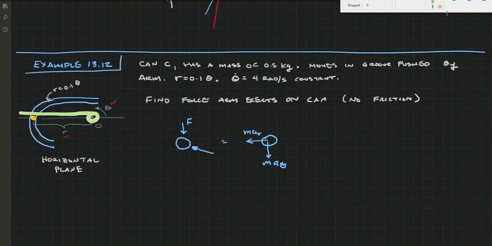And then, this is indeterminate. Again, we have our normal force here. Now, you might wonder what side the normal force is on. Just pick a direction for your normal force and plug it in here, and we'll see what happens.